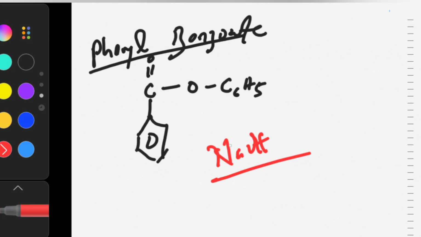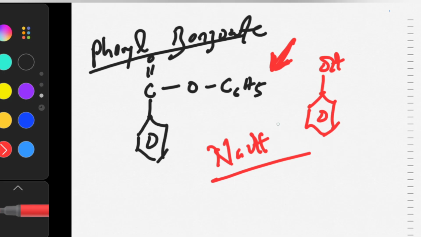Sodium hydroxide was used in the preparation of the phenyl benzoate to facilitate the process by converting the phenol into an efficient nucleophile. We wouldn't go into the reaction mechanism.